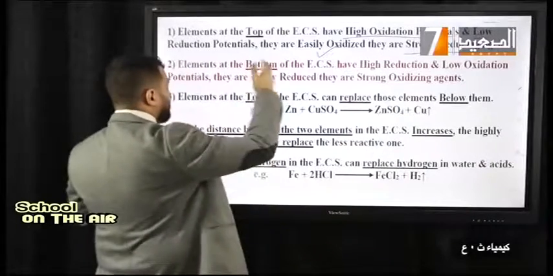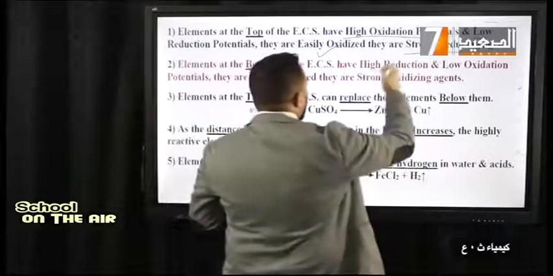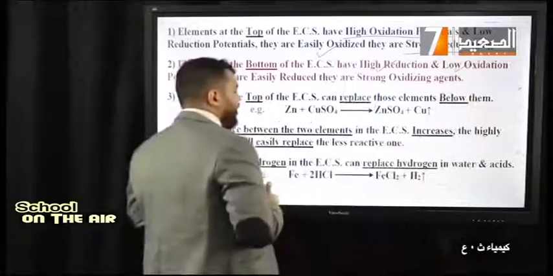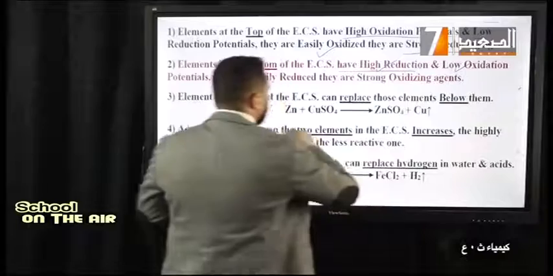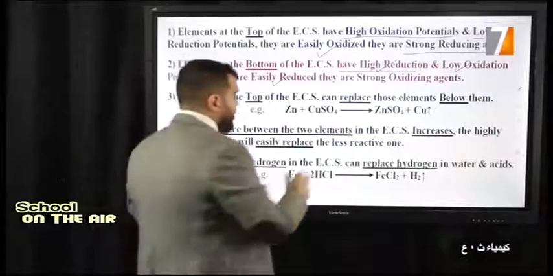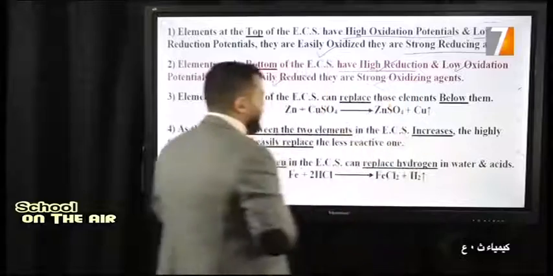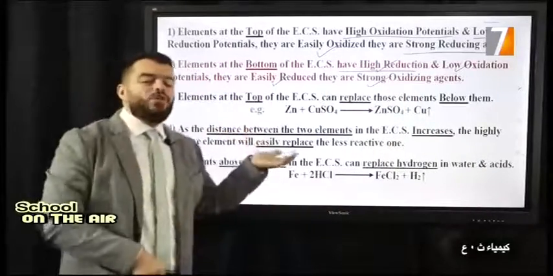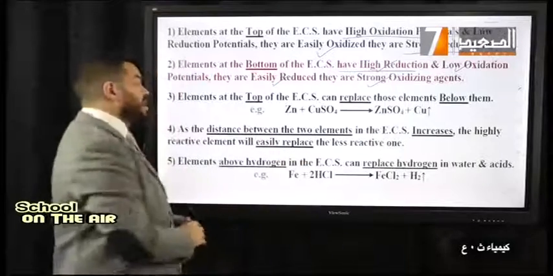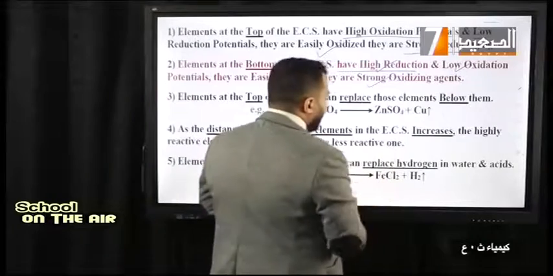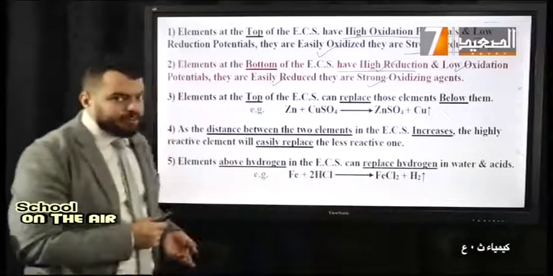Okay? Elements at the bottom have high reduction potential and low oxidation potential. High reduction potential means that they are easily reduced and they are strong oxidizing agents. Elements at the top can replace elements which are below them, and can replace hydrogen in water and in acids.